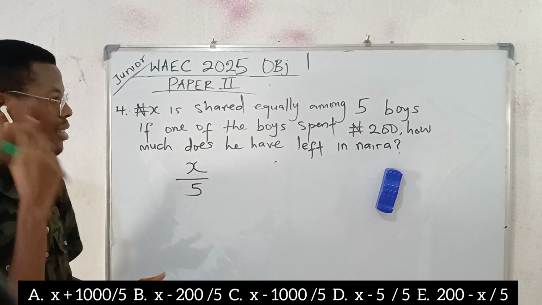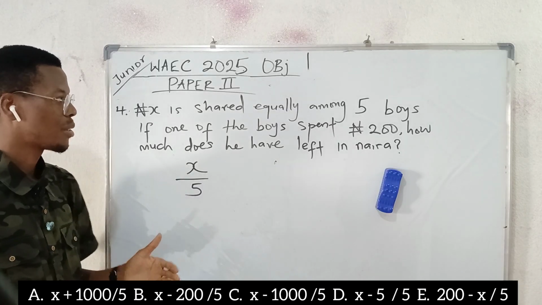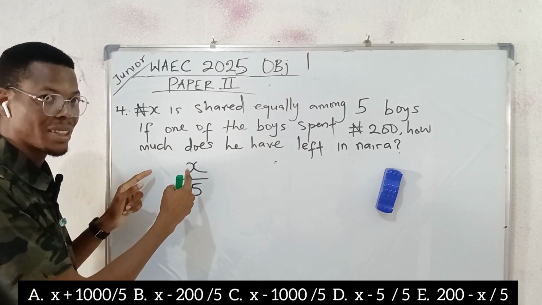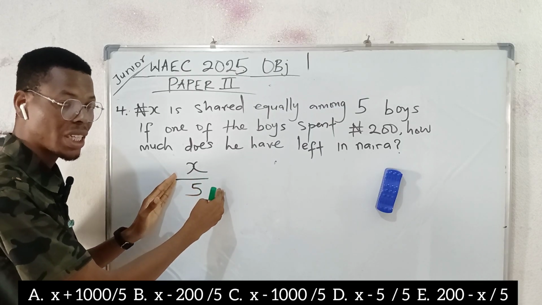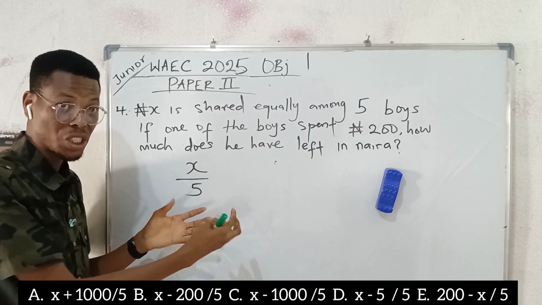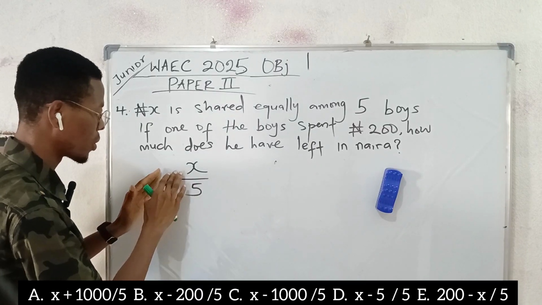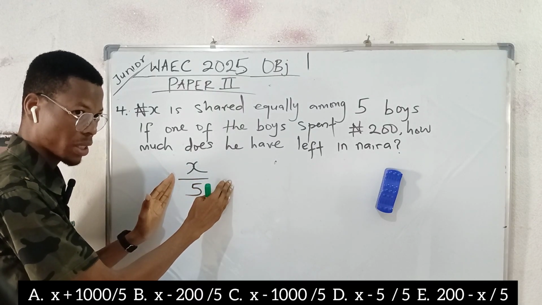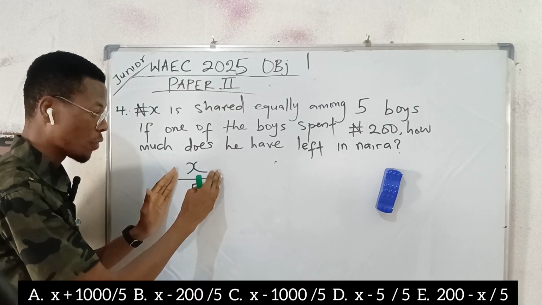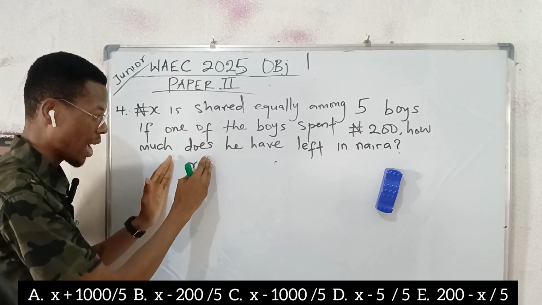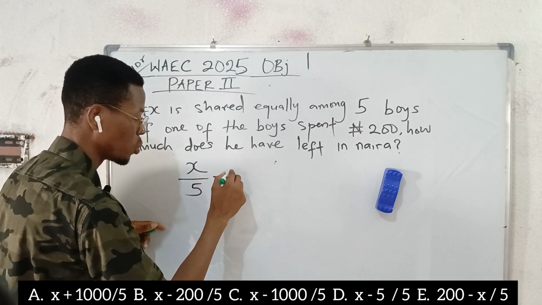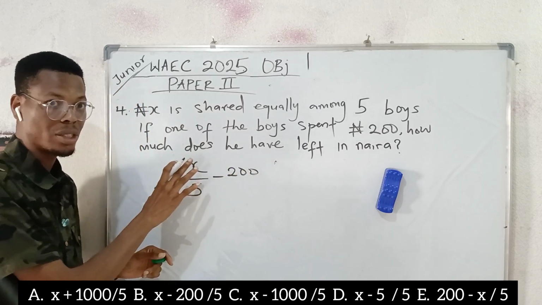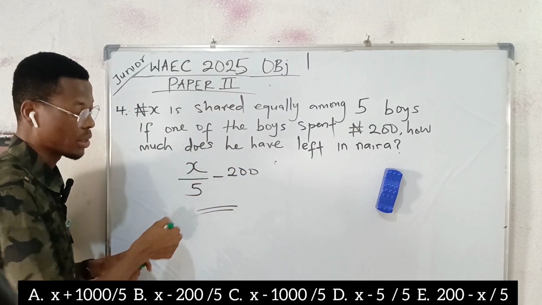We have to subtract the amount he spent from how much he was given, how much he gets from the share. This is the amount he has. So each of them has this amount. One of them spends 200 naira, so we're going to minus 200 from this. So this becomes our answer.